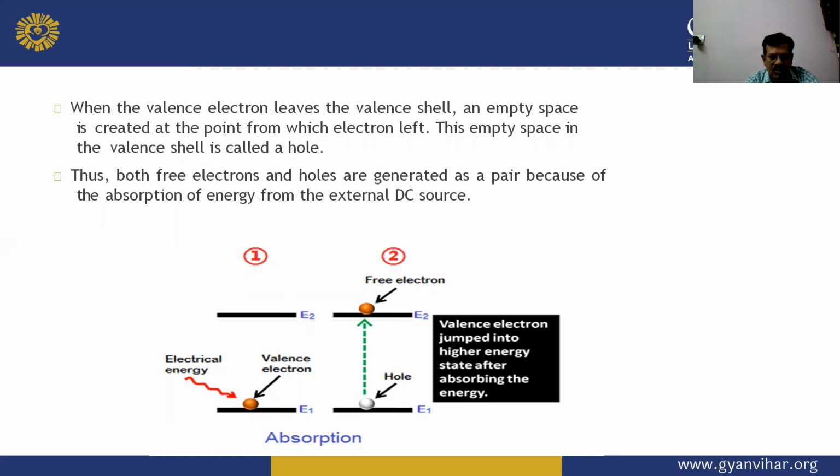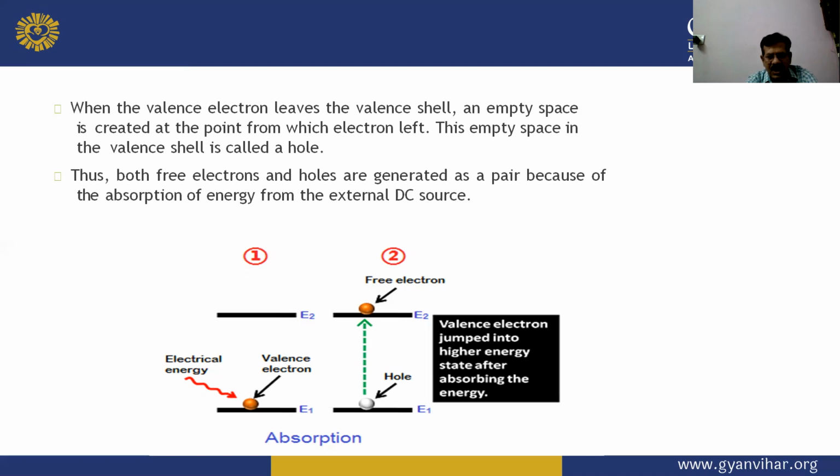In this diagram there are two energy levels, the E2 energy level and the E1 energy level. Here the electrical energy breaks the covalent bond, and the valence electron jumps from the valence band to the conduction band.